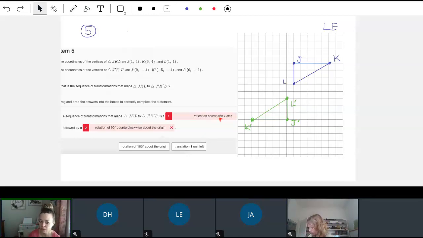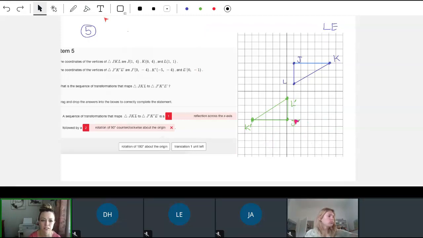So reflection across the x-axis. If I reflect point J across the x-axis, can you all grab your pointer hands and show me where you think it would end up? So look at point J in blue. If I reflect that point across the x-axis, where do you think I'd end up? Don't move it around. It should be in an exact spot. There you go. Very good.